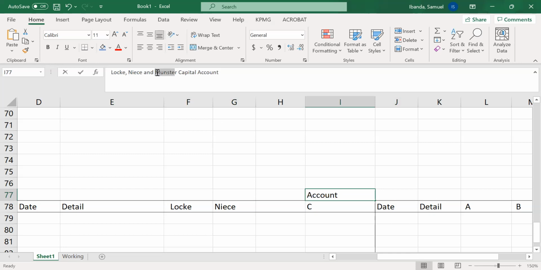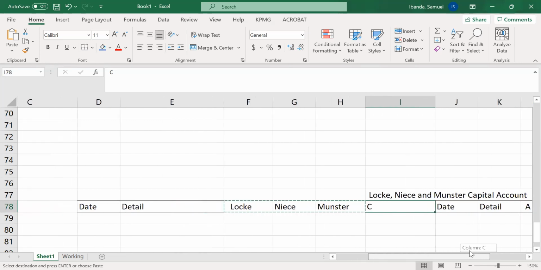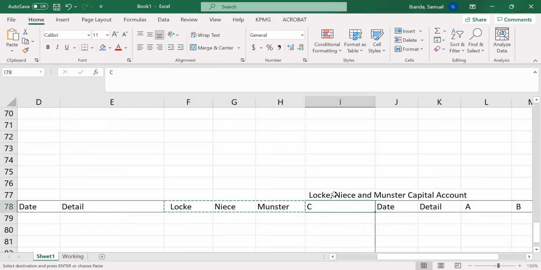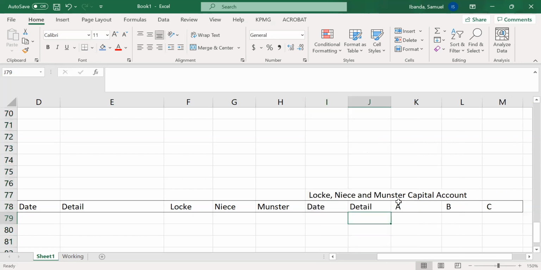And then the other column will be for Monster. I have an extra column here. Let me do this.